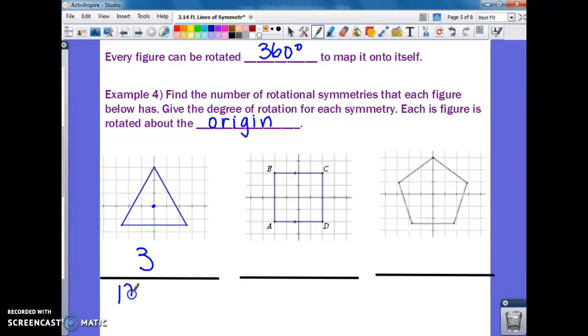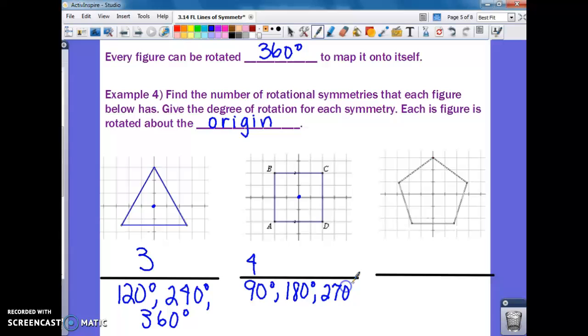And we can probably rotate it 120 degrees, 240 degrees, and we can always rotate it, like we said, 360 degrees. Now if we move to the next one, here's our center of rotation. It's a square. 4 times, 90 degrees, 180 degrees, 270 degrees, and 360 degrees.